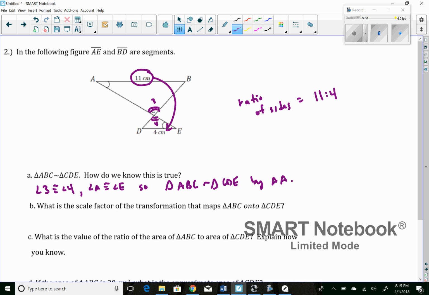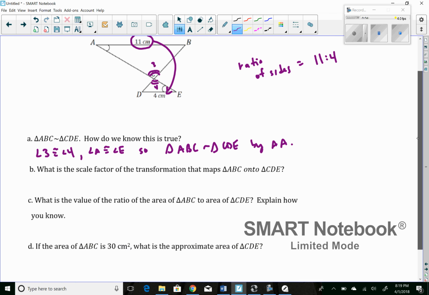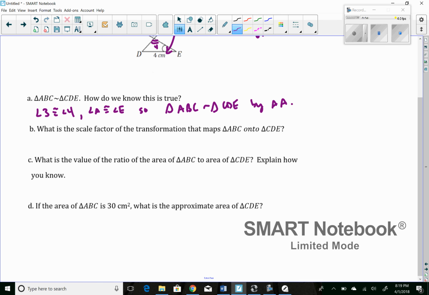Now that's if I go from the big triangle to the small triangle. Now let's think for a minute. If I want to start with the larger triangle and get to the smaller triangle, that might be my ratio, but the scale factor is what I would actually multiply to make the shape smaller. So the scale factor, which we normally use K for, is going to be 4/11.